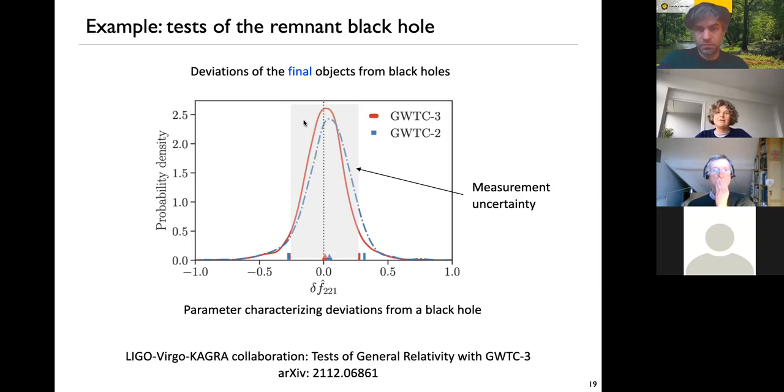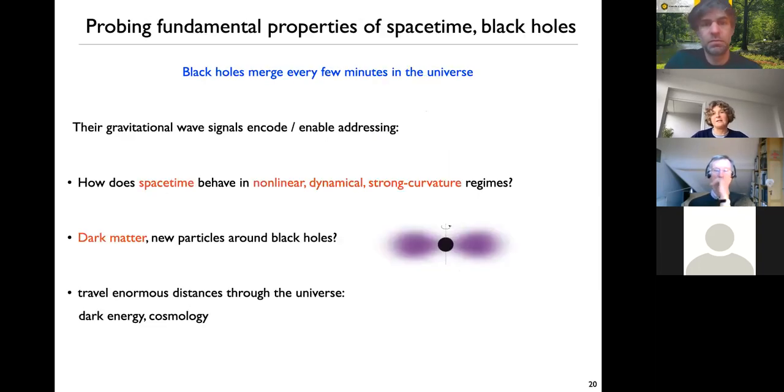So that's about the nature of black holes. But of course, we can also address many other questions about the nature of gravity itself in the highly nonlinear, dynamical, and strong curvature regimes where it has not been tested before by other experiments.